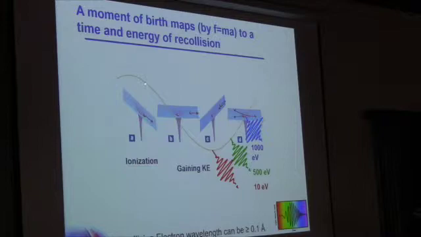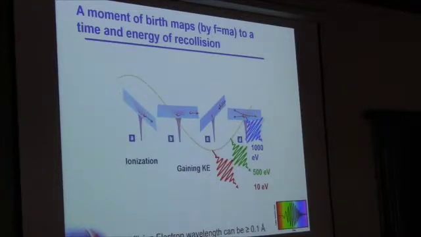You can calculate under what circumstances the electron might be driven back and collide with the ion from which it went. Let me just make it clear that it could easily happen. The field is pointing in that direction, or the force on the electron is in that direction, I don't have to worry about the charge. The electron is pulled away, the field changes its direction, the electron is driven back, collides, recombines.